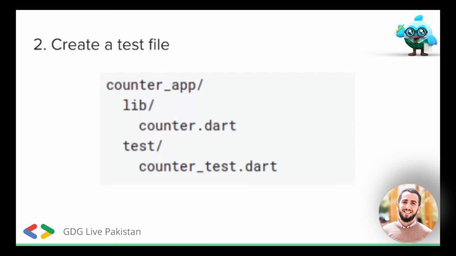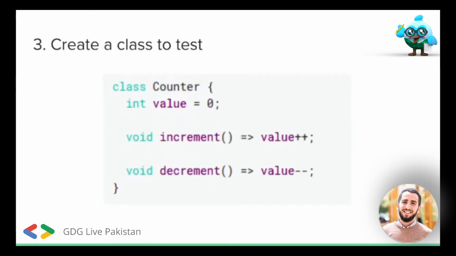So third, after that, we create a class to test. Next, you need a unit to test. Remember, unit is another name for a function, a method, or a class. They are called units. For this example, we can create a counter class inside the lib folder, in the counter.dart file.